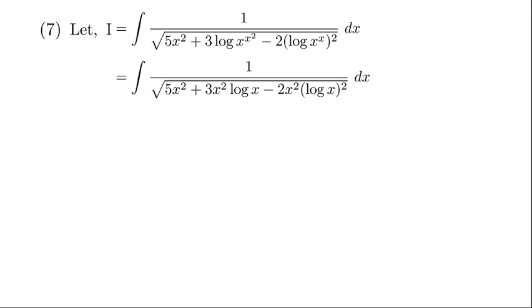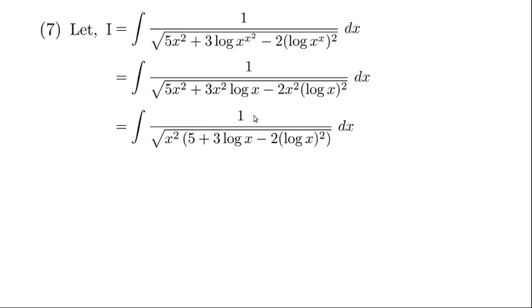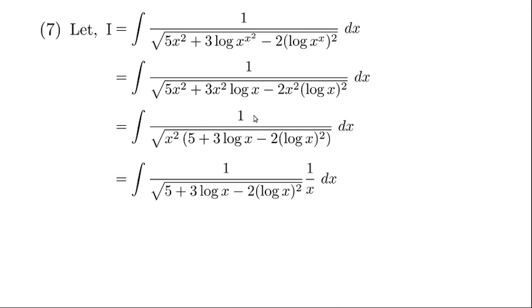So from these three terms we find x square common. We take it out, and that x square is taken outside the root and placed along with the dx, because it is clearly seen that the derivative of log x is 1 by x, because I am going to substitute log x equal to t. So the derivative of which is 1 upon x dx is dt. So this part becomes dt.